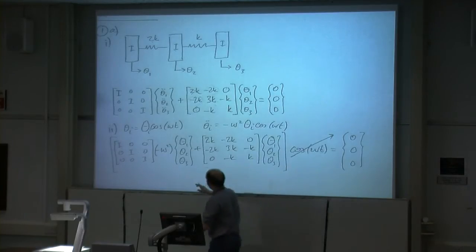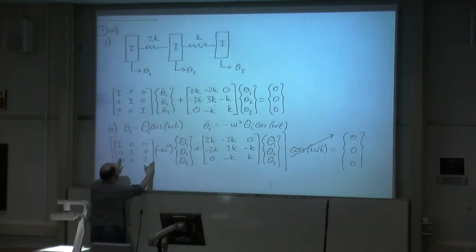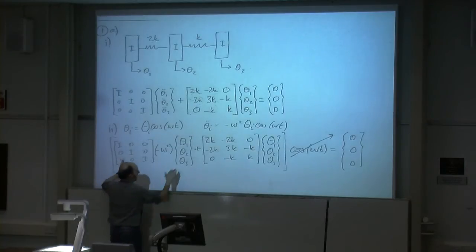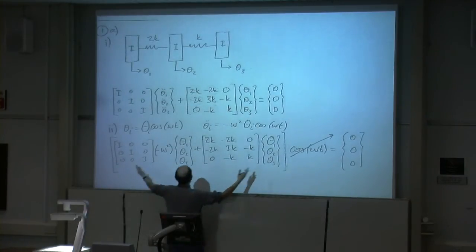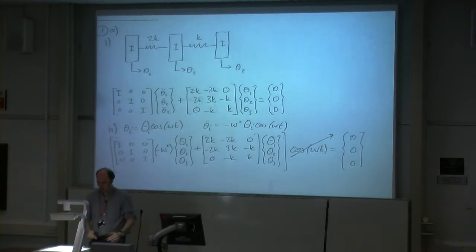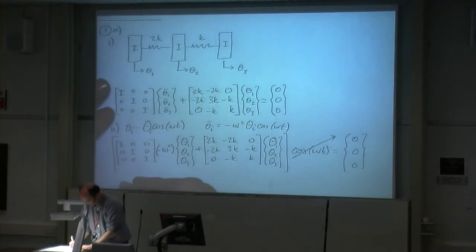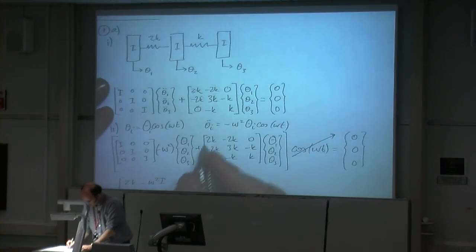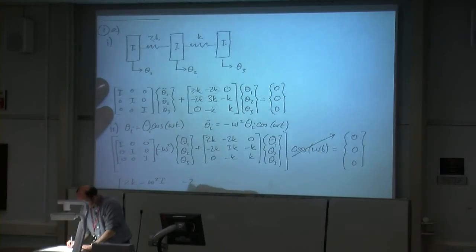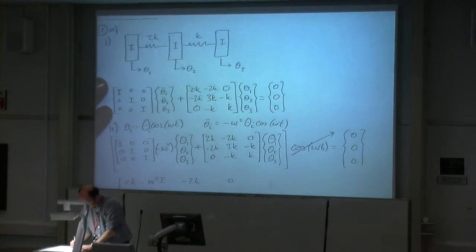And notice we've got one matrix here times minus omega squared times the thetas, and one matrix here multiplied by theta. So we can combine the two matrices together, and so I'll write it in the way that we want it. We've got 2k minus omega squared times I, 2k minus omega squared times I, then minus 2k and 0. We've got minus 2k here.